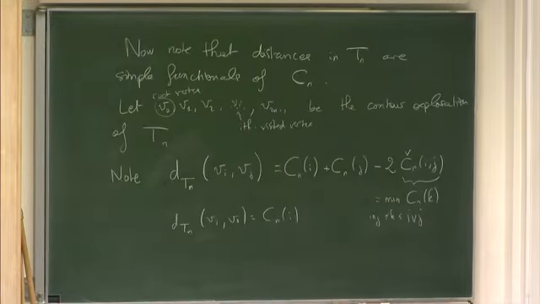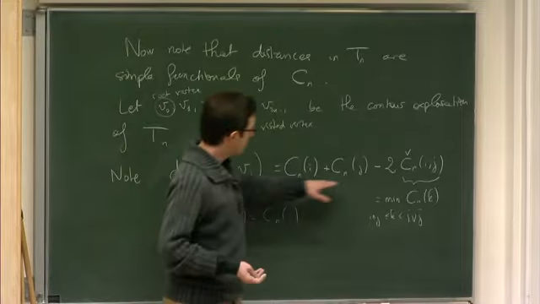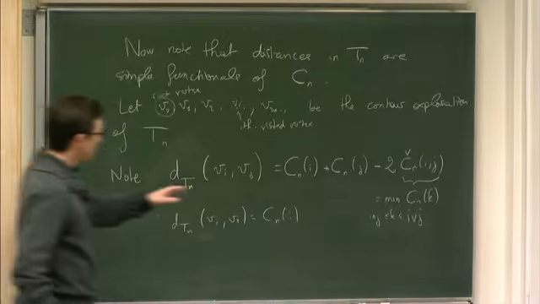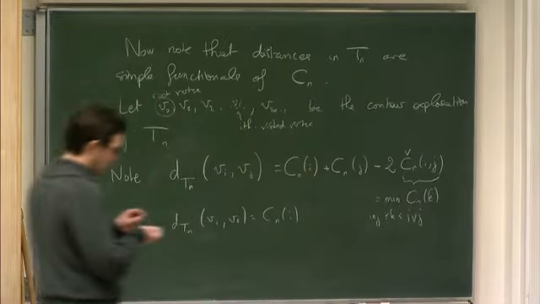So Cn of i minus Cn check of ij is the length of the green path, and Cn of j minus Cn check of ij is the length of the blue path.